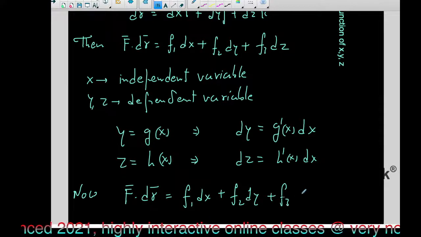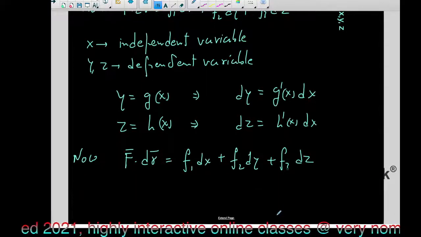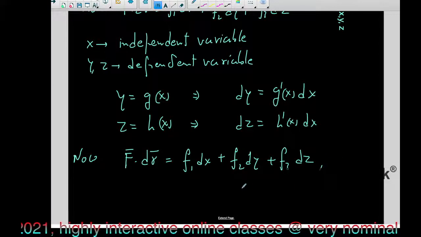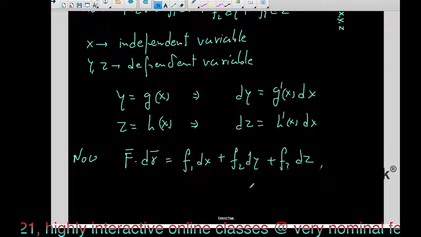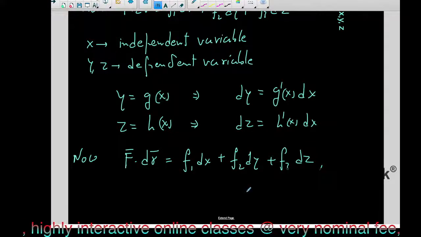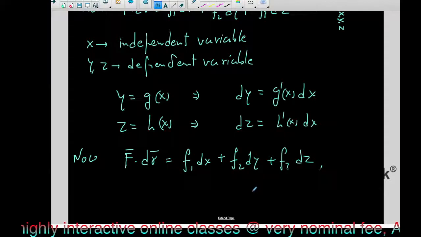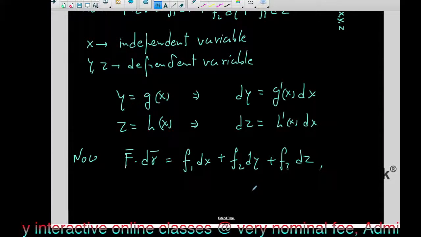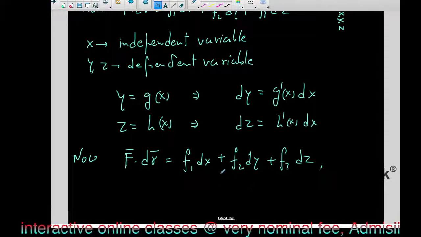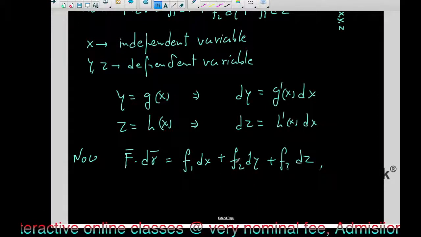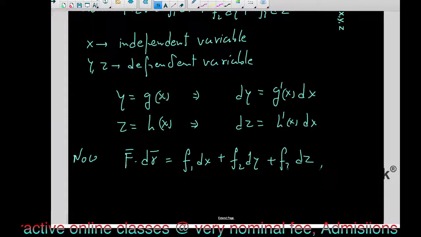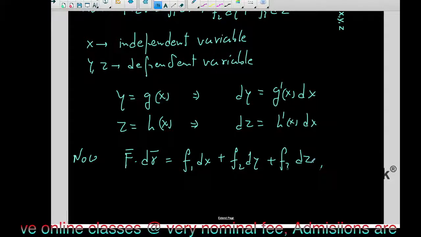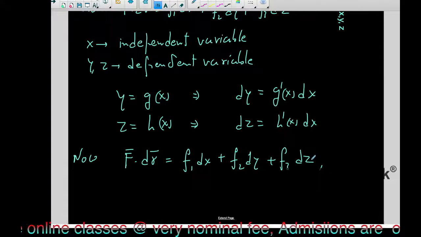So the line integral will be reduced to a single variable integral. For F2, the y, you can use dy as g'(x) dx, and for F3, dz as h'(x) dx, like this way.